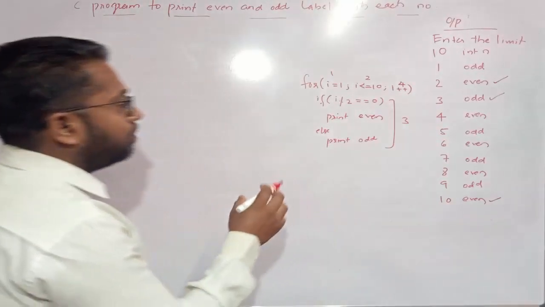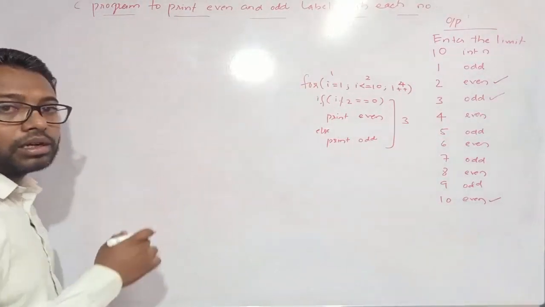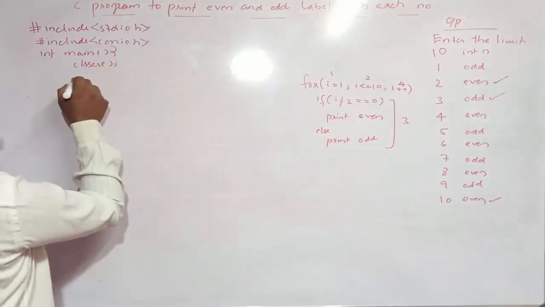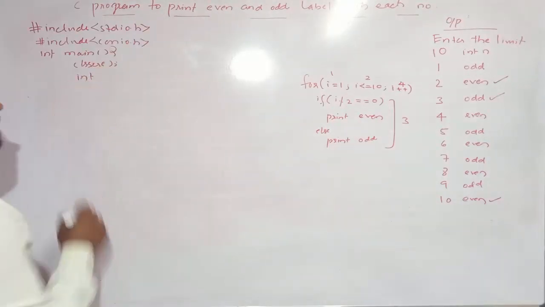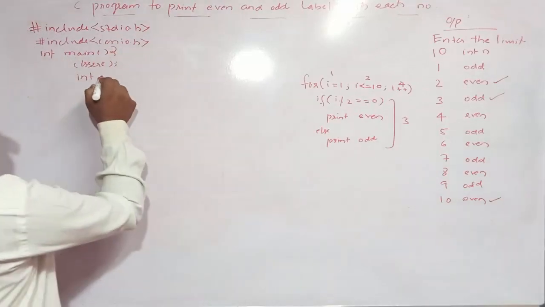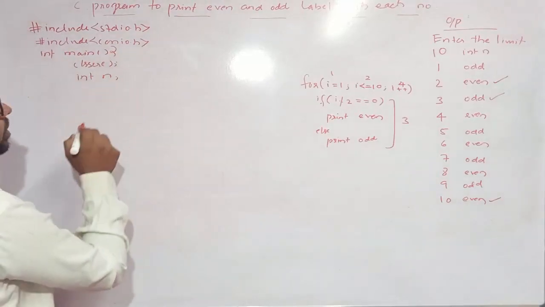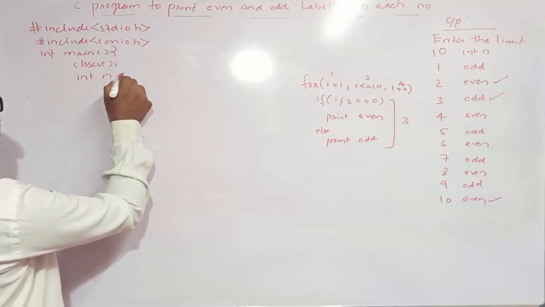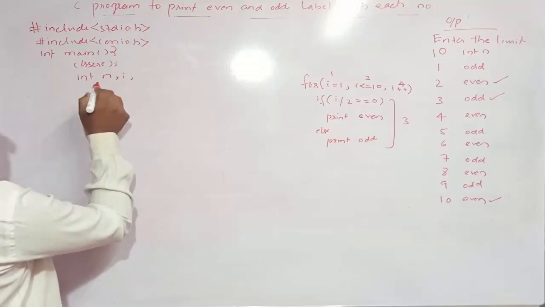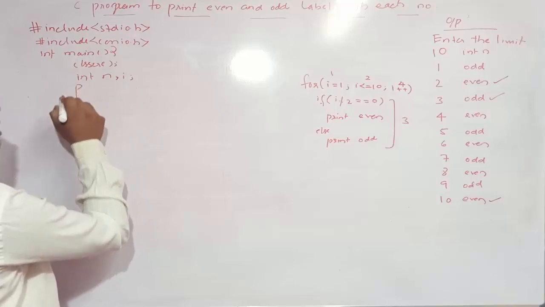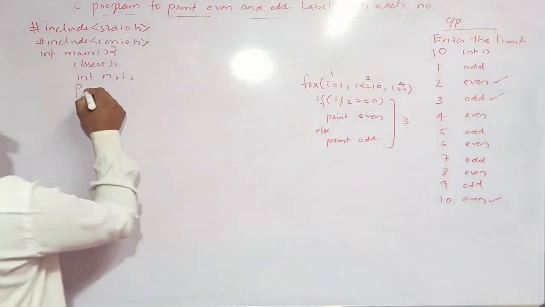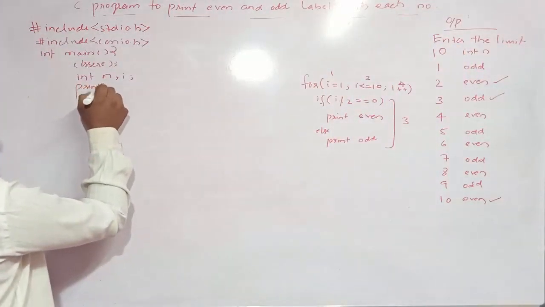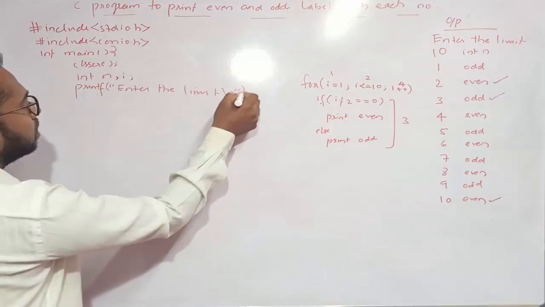So now let me use this logic in our C program. Clear screen, and then we will declare variable n. Next, we want to declare one more, i also. I will display this message first, enter the limit. To display the message, I will use the output function printf.